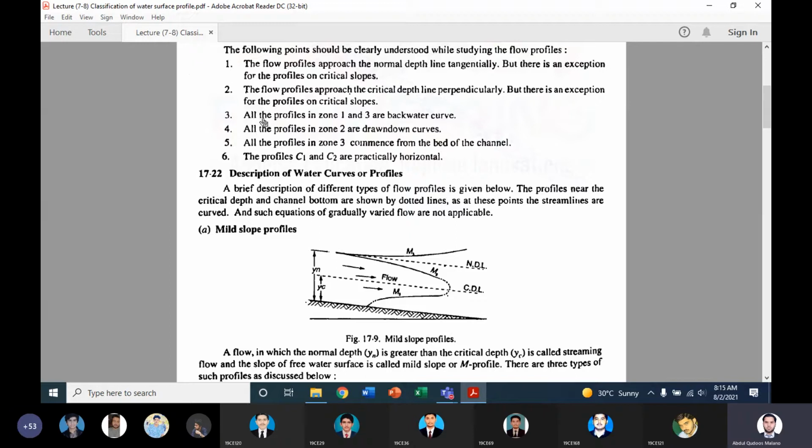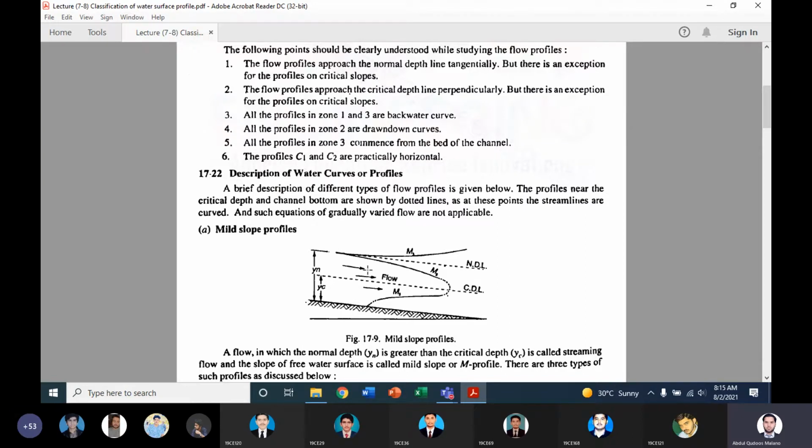So here they are saying, point to be kept in mind, that all the profiles in zone 1 and 3 are backwater curves. It means that in zone 1 and zone 3, the space above both the lines and the space below both the lines, you will obtain the backwater curve. It means यहाँ पर आप देखेंगे कि curve जो है वो rise होगा in the direction of the flow. Then the second point is all the profiles in zone 2 are the drawdown curves or drop down curves.